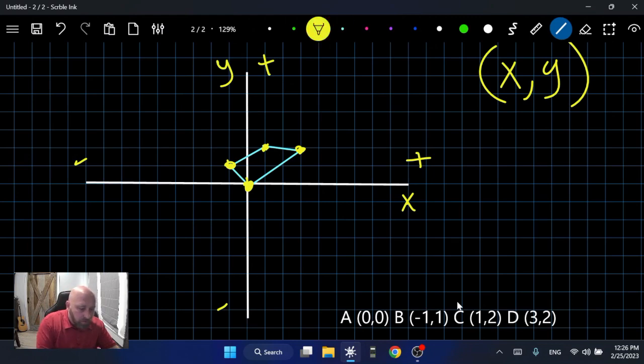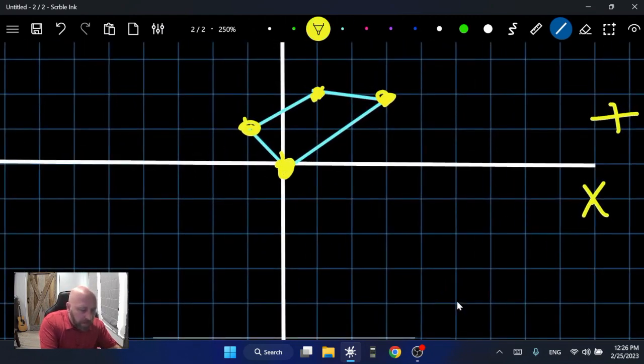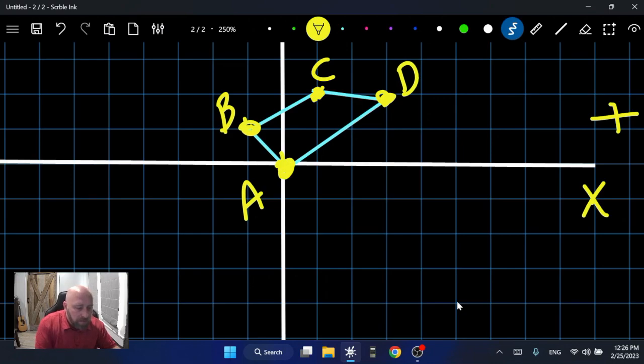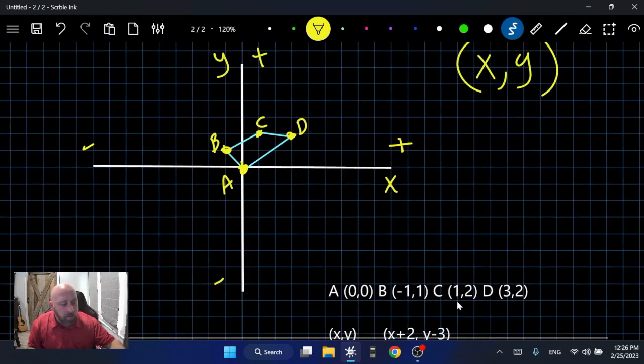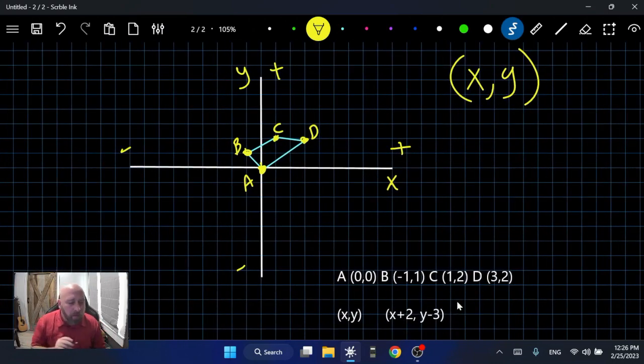This first one was A, then we did B, then C, then D. So there's my shape. Now I want to come down here and look at what the transformation is that they're making. What's going on? How is this shape moving?